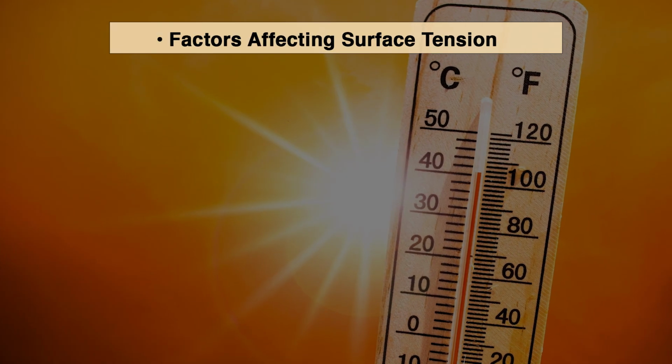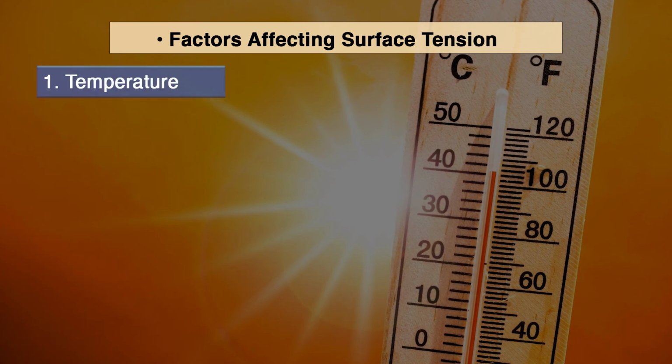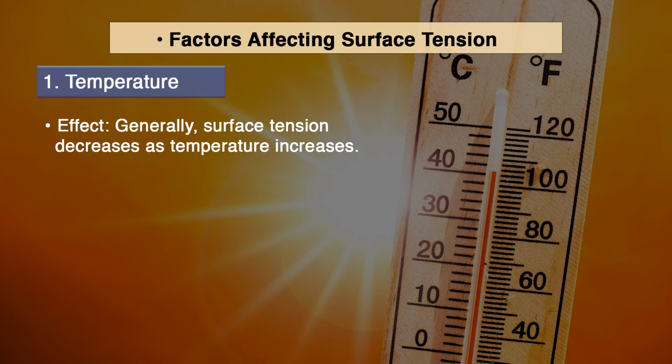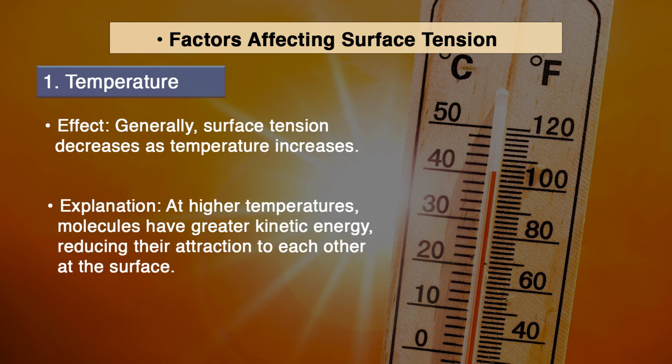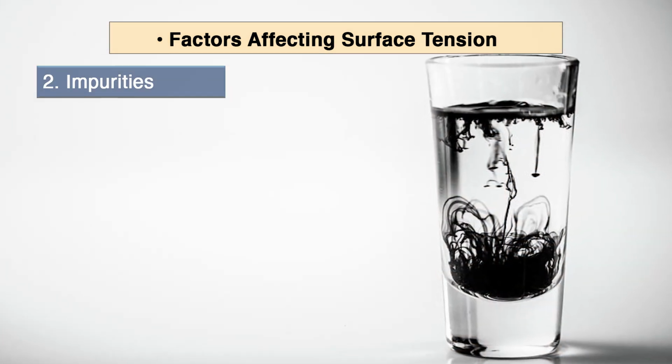Now, we will discuss the factors which affect surface tension, such as temperature. Generally, surface tension decreases as temperature increases. At higher temperatures, molecules have greater kinetic energy, reducing their attraction to each other at the surface. Next is impurities.